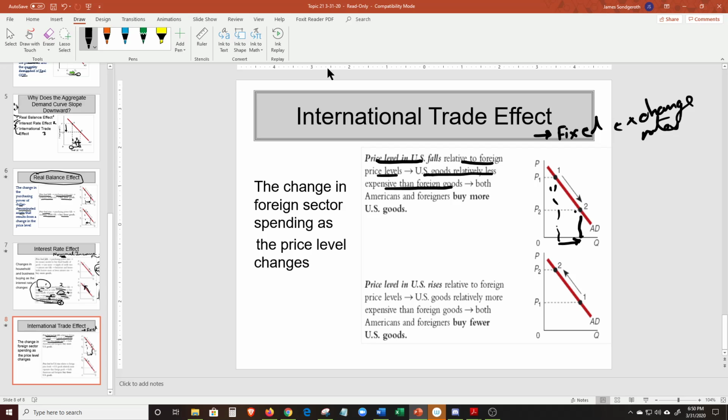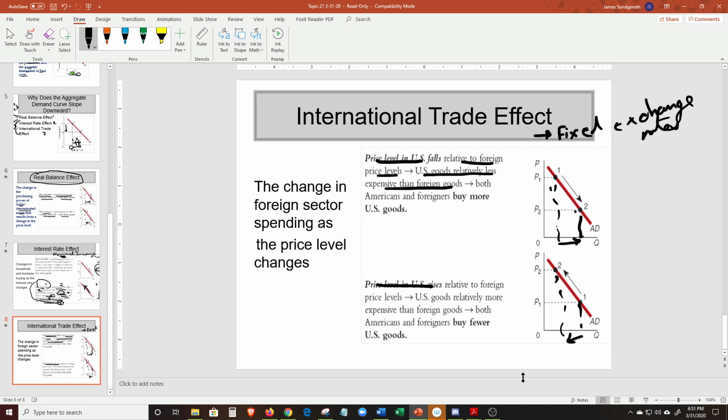Vice versa happens if the price level rises in the US relative to foreign prices. US goods are relatively more expensive now. Both Americans and foreigners buy fewer goods, and quantity demanded decreases because of this substitution effect, okay?